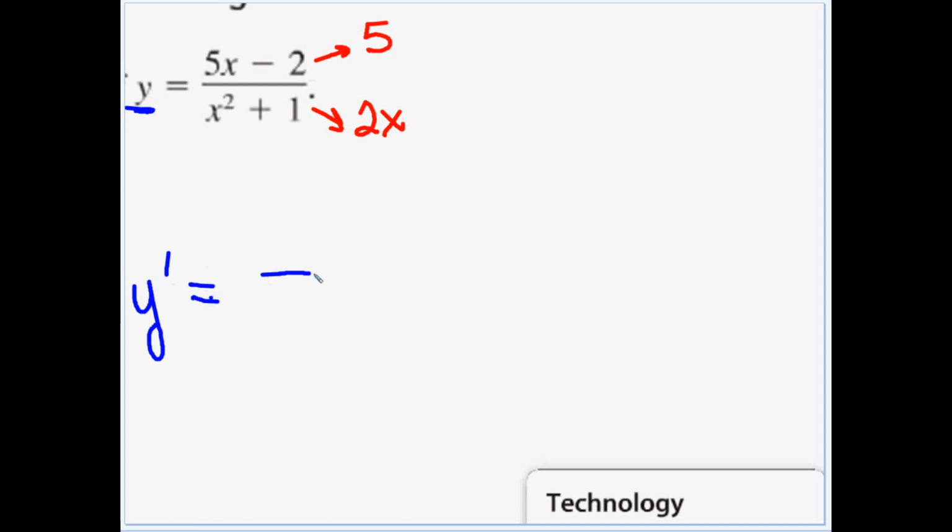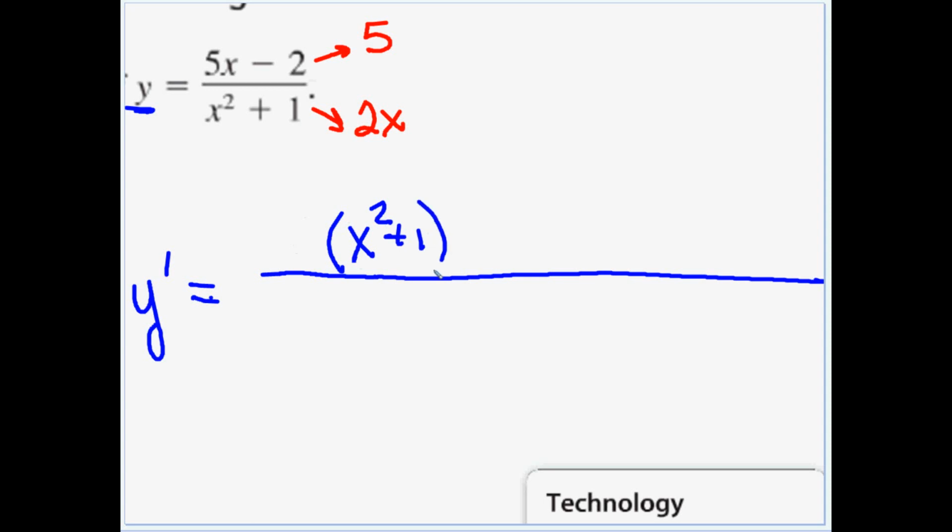And here is going to be our numerator. We start with low d high. So low is x squared plus 1. Multiply that by d high, 5. So we're multiplying on this diagonal, like we're cross multiplying. Low d high minus high, 5x minus 2, d low.